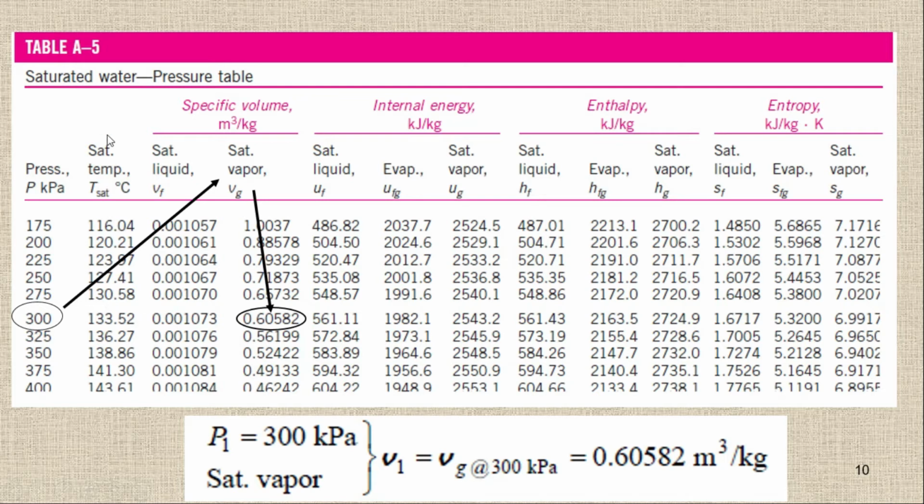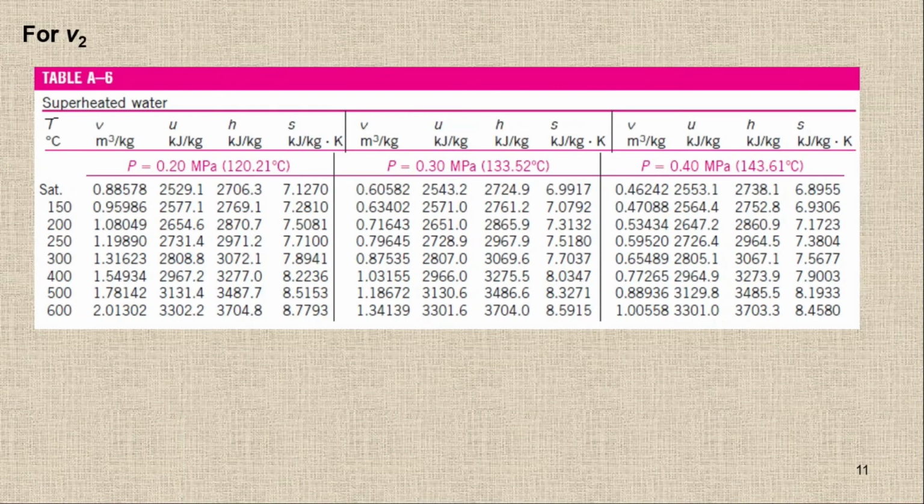The saturation temperature at 300 kilopascal is 133.52, and the given temperature is 200, which is more than this. So it means state number 2 is in the superheated region, and we have to check the superheated table for V2.